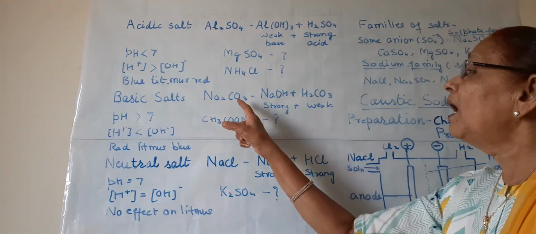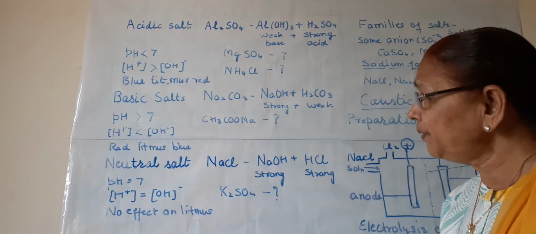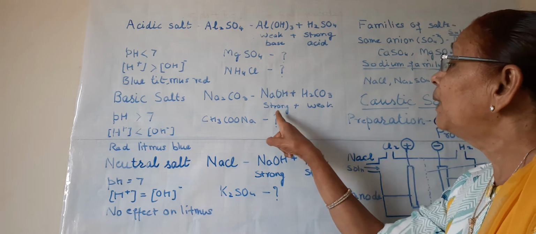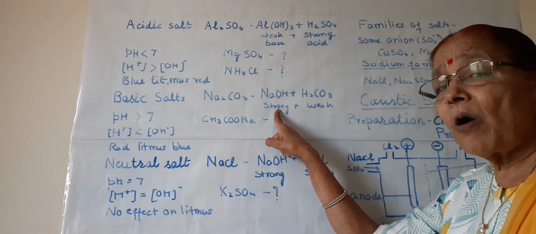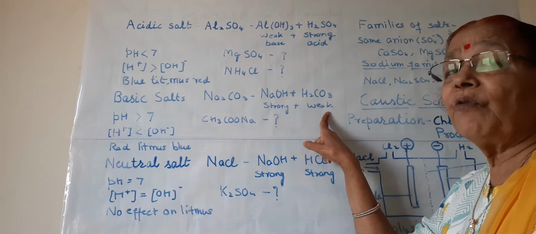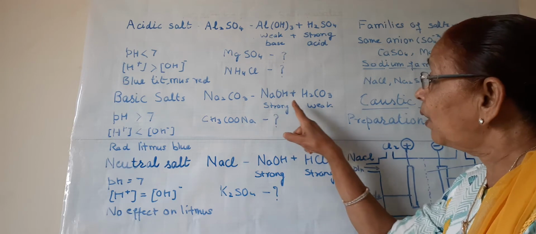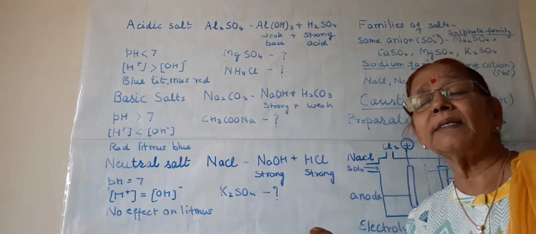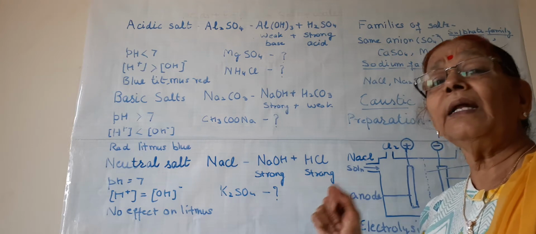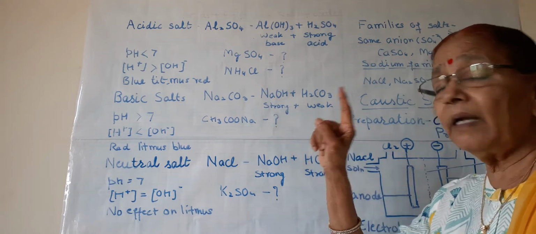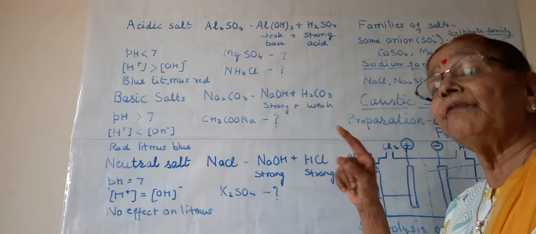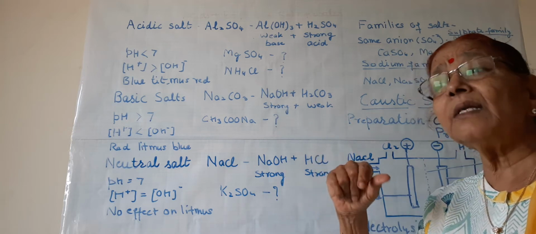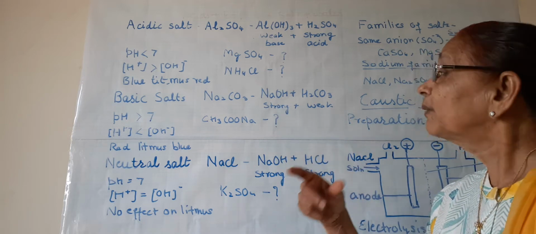Now again, how are these basic salts formed? They are formed by the combination of a strong base and a weak acid. All of you know the strong bases are NaOH and KOH, sodium hydroxide and potassium hydroxide, which are also known as alkalis because they are soluble in water.